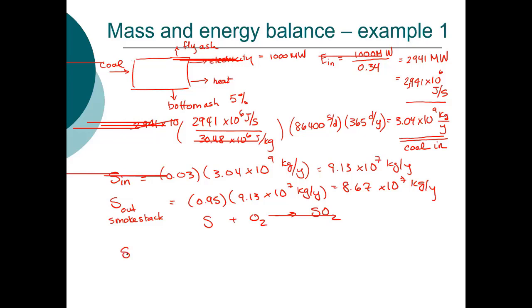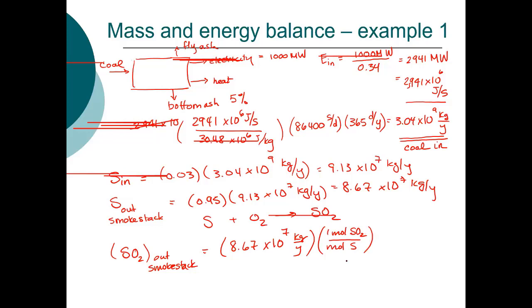So the sulfur dioxide out in the smokestack is equal to the 8.67 times 10 to the 7 kilograms per year times 64 grams per mole, the molecular weight of SO2, divided by the atomic weight of sulfur, and that is equal to 17.3 times 10 to the 7 kilograms per year.